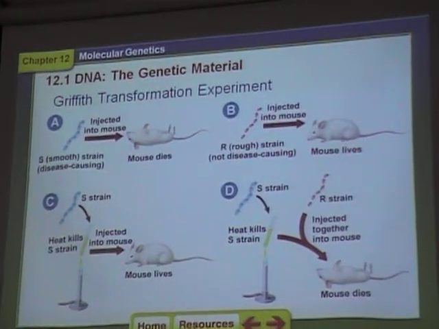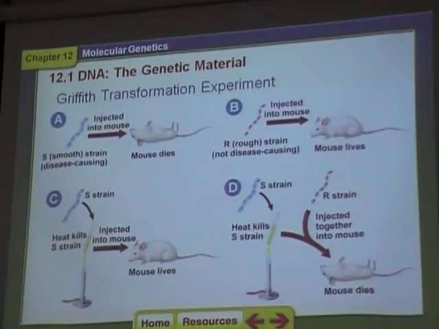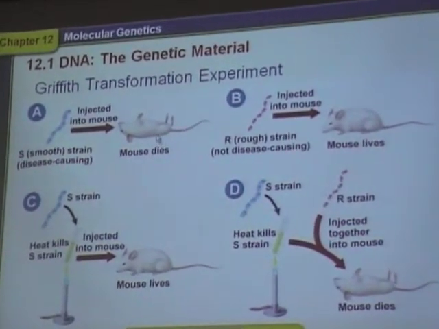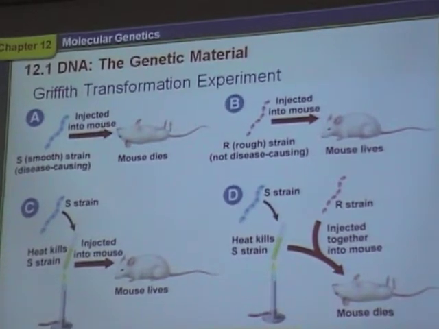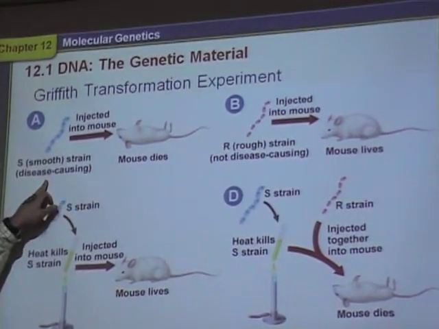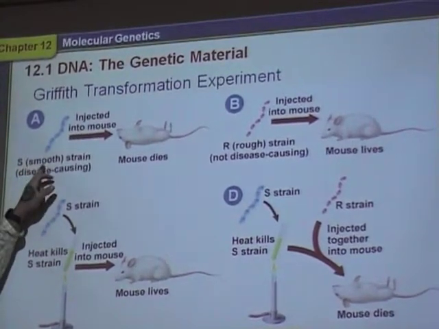This isn't easy to understand, so hang with me. There's a scientist named Griffith who took some bacteria that he called S-strain bacteria. He called them S-strain because they were smooth.